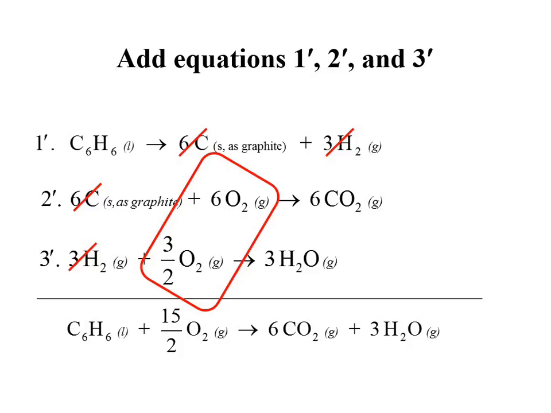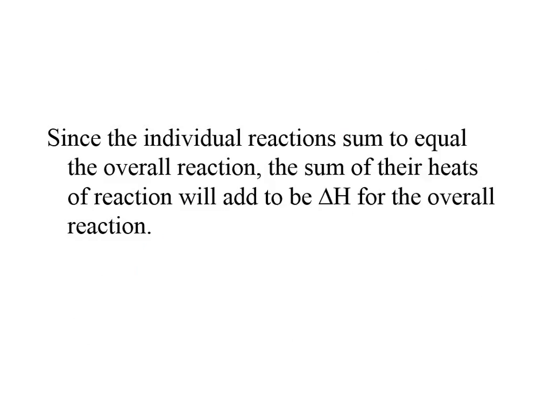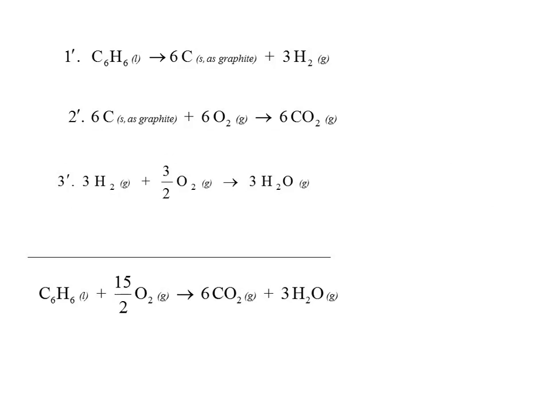So in order to get full credit, you need to convince me, or yourself, that if you manipulated your baby equations, okay, that they now add up to be the equation of interest. Well, if that's the case, and it is, we can go ahead and revisit those 1', 2', and 3', the heats of reactions, and just add those together.